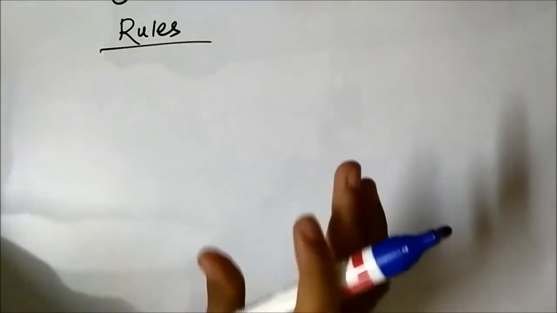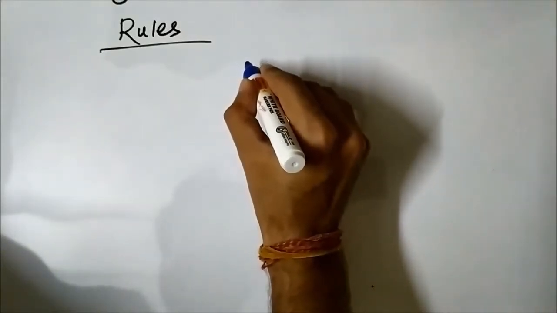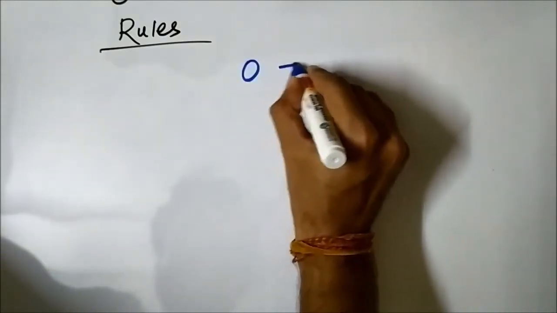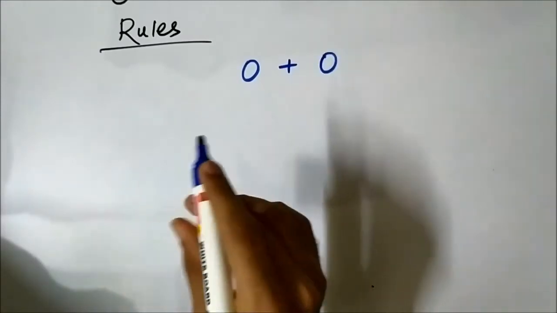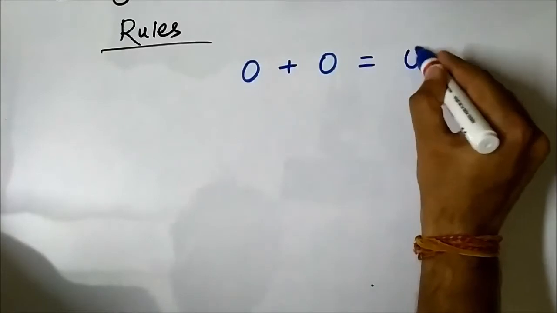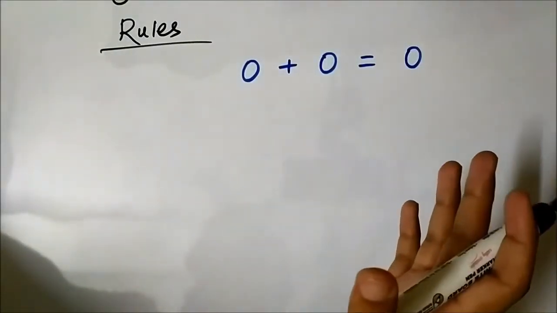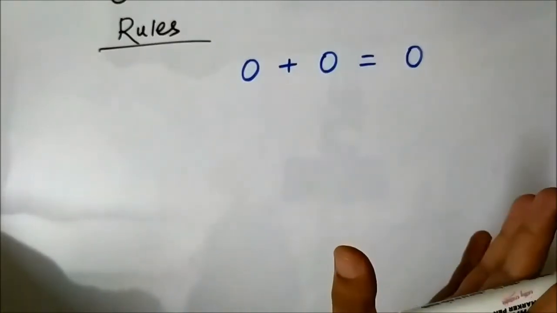Let's see how it happens. First, 0 plus 0. The result will be 0. This is the same as we perform in the normal addition process.